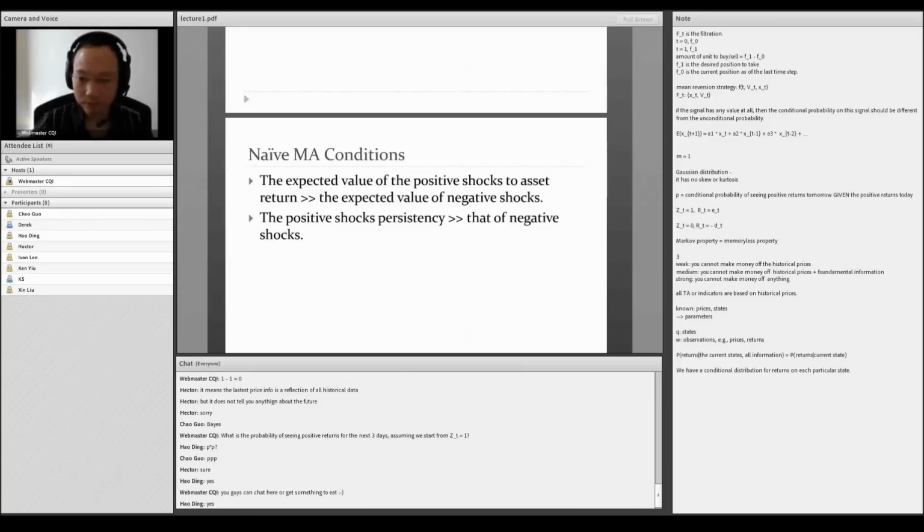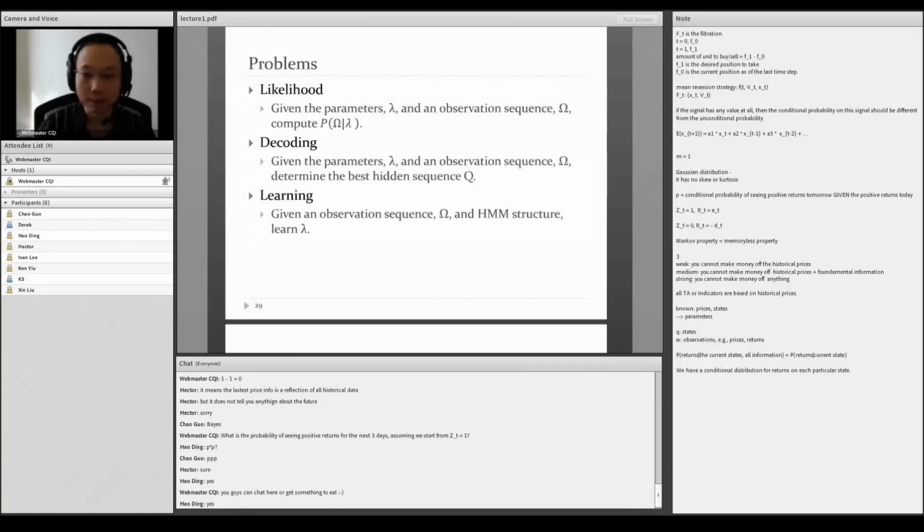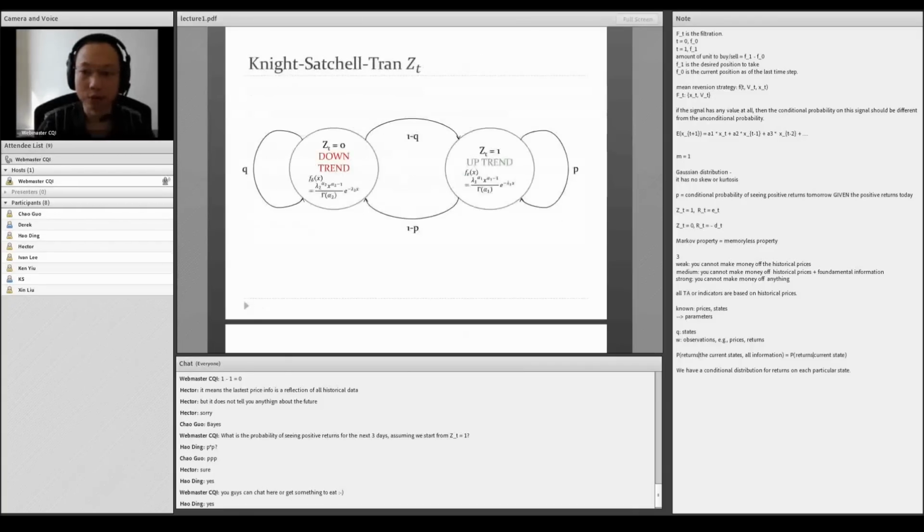When I say persistency, I actually mean P and Q. P is the positive persistency, and Q is the negative persistency. What that means is that the bigger P is, the more positive returns you are going to see, right? It's obvious because with larger P, you will end up more in the positive state, and the bigger Q is, the more likely that you will end up in the negative state. So P and Q are actually probabilities. P and Q are measuring the persistency of a trend.